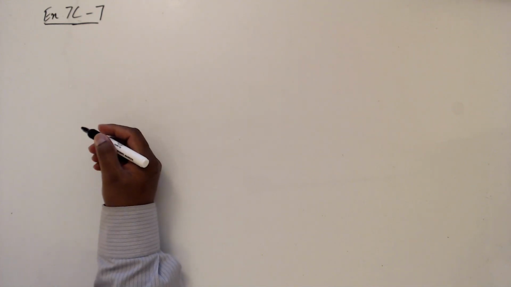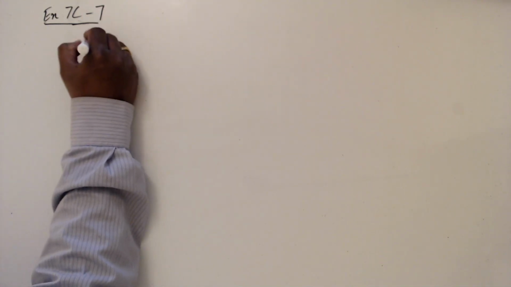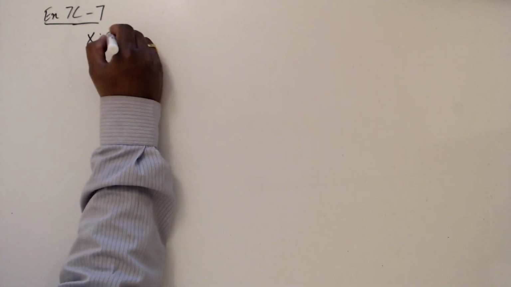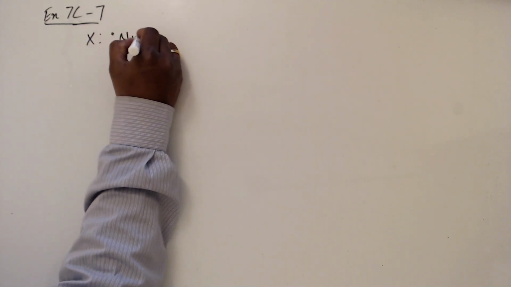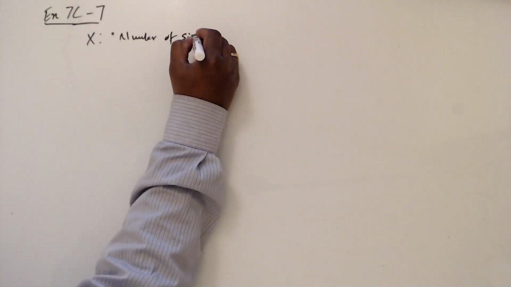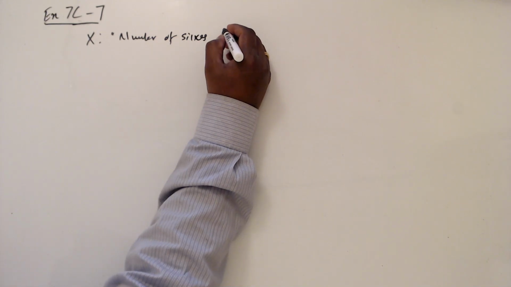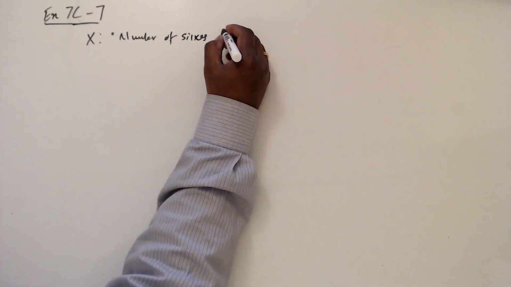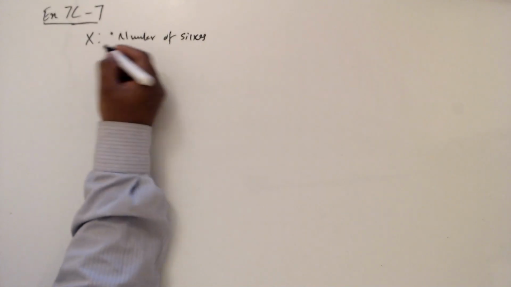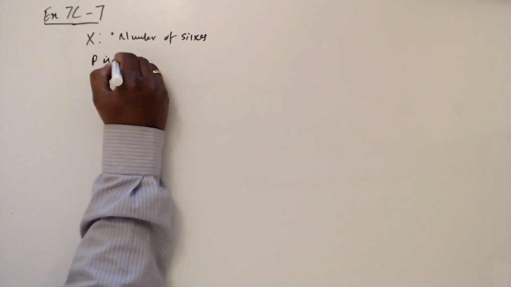It means we are bringing the probability down. So X, the test statistic, is the number of sixes.